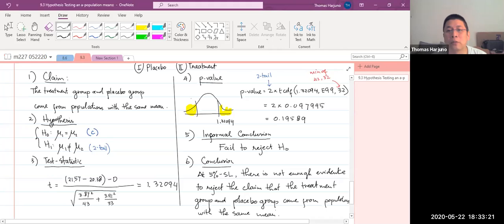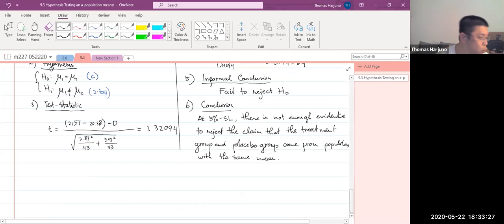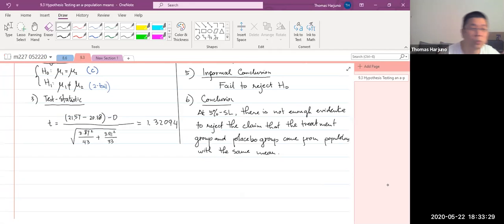Okay, that's for this example. We did 2 examples here. Of course, you can do more later on.